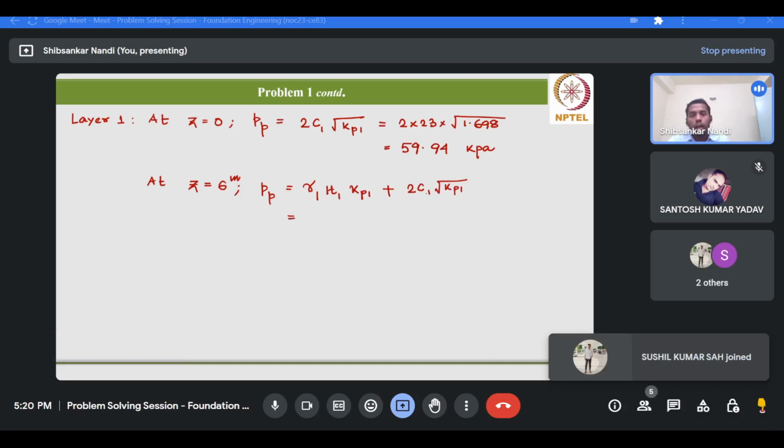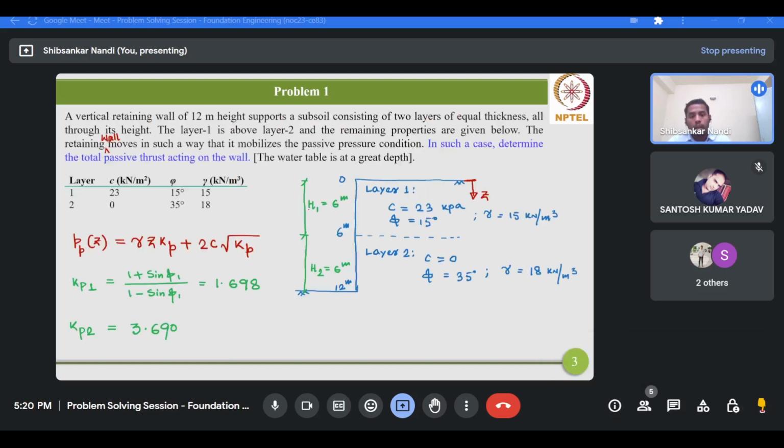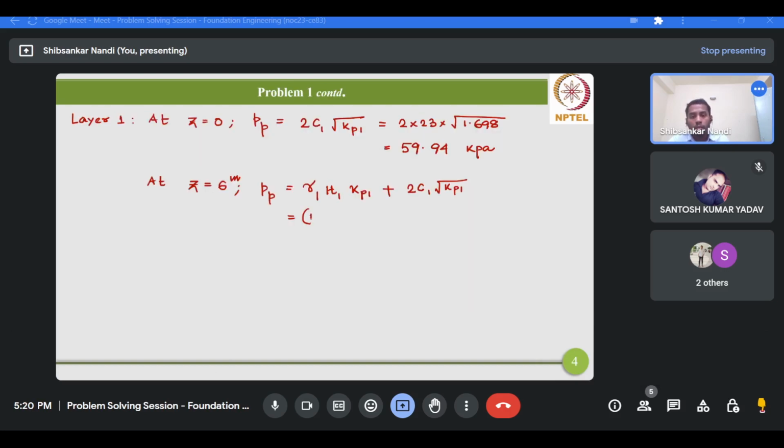We got this value earlier as 59.94. So it would be 59.94 plus 15 multiplied by 6 multiplied by 1.698.